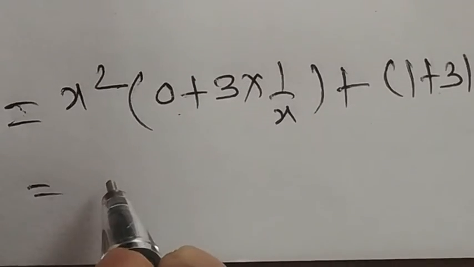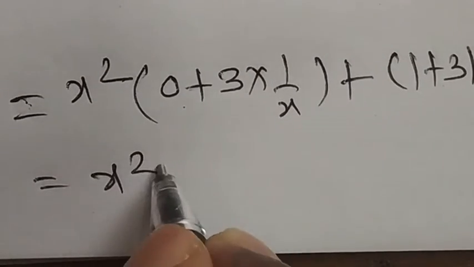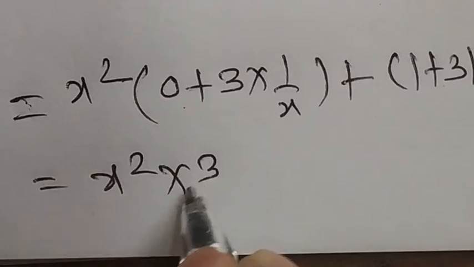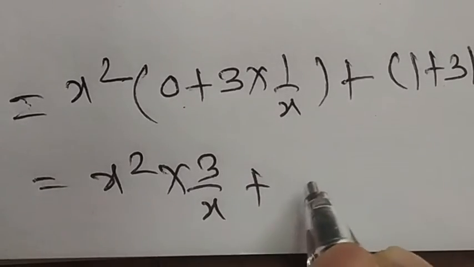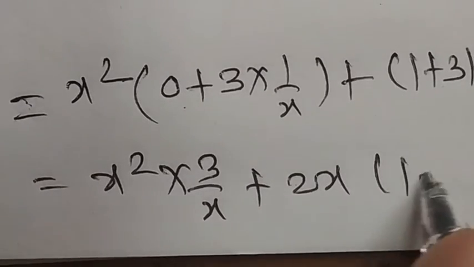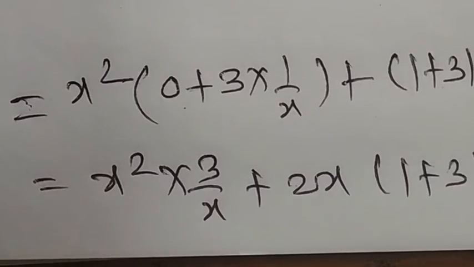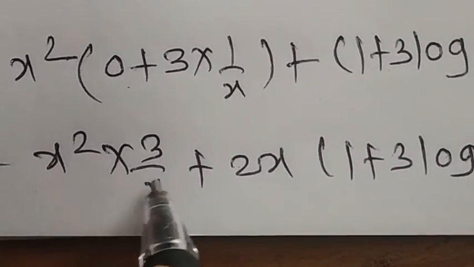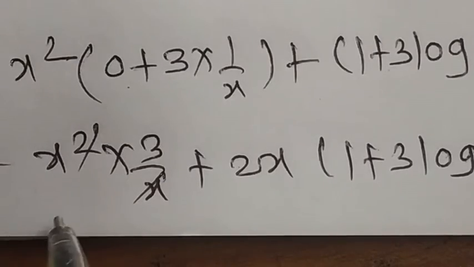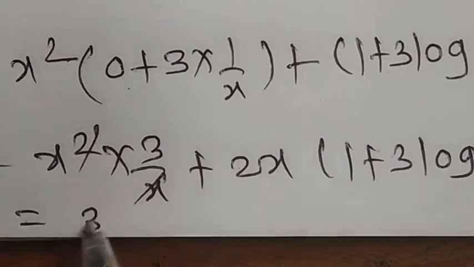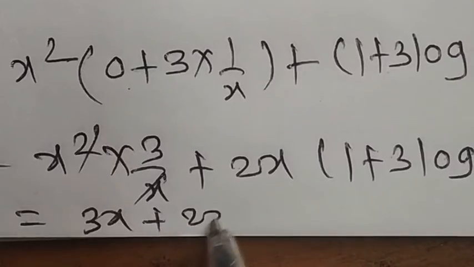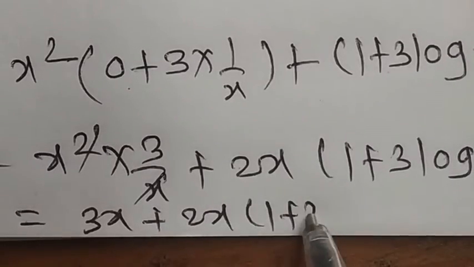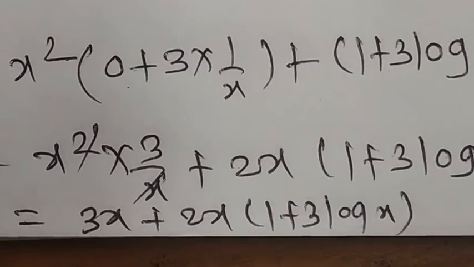That equals x square into 3 by x plus 2x into 1 plus 3 log of x. Next, x will be cancelled, what remains is 3x plus 2x into 1 plus 3 log of x.